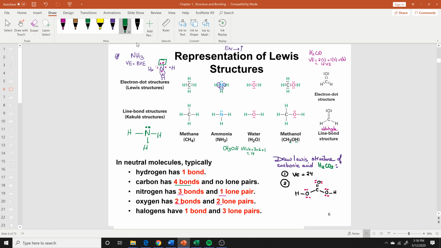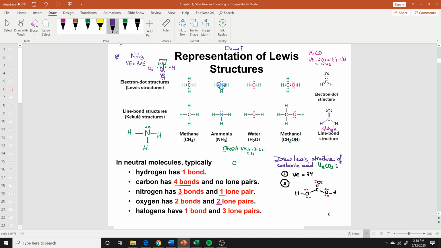It is not odd. So once you find the valence electrons, just go ahead and put the low electronegative unique element in the center. How many unique elements do we have? We have carbon, we have oxygen. The lower electronegative one is the carbon, so you go ahead and put it in the center. Now around the carbon, what do I have?